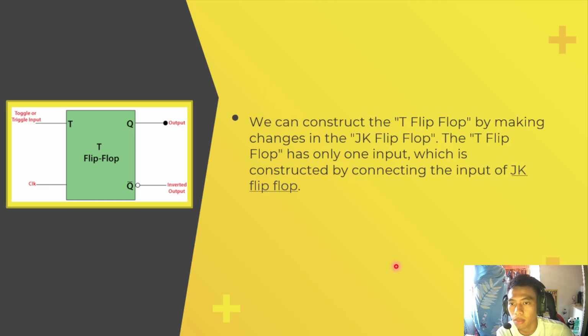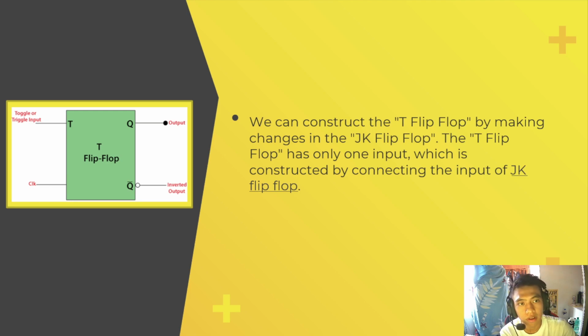So next slide. We can construct the T flip-flop by making changes in the JK flip-flop. The T flip-flop has only one input, which is constructed by connecting the inputs of the JK flip-flop. So ayun, tulad ng sinabi ko kanina, this single input is called T. In simple words, we can construct the T flip-flop by converting a JK flip-flop.